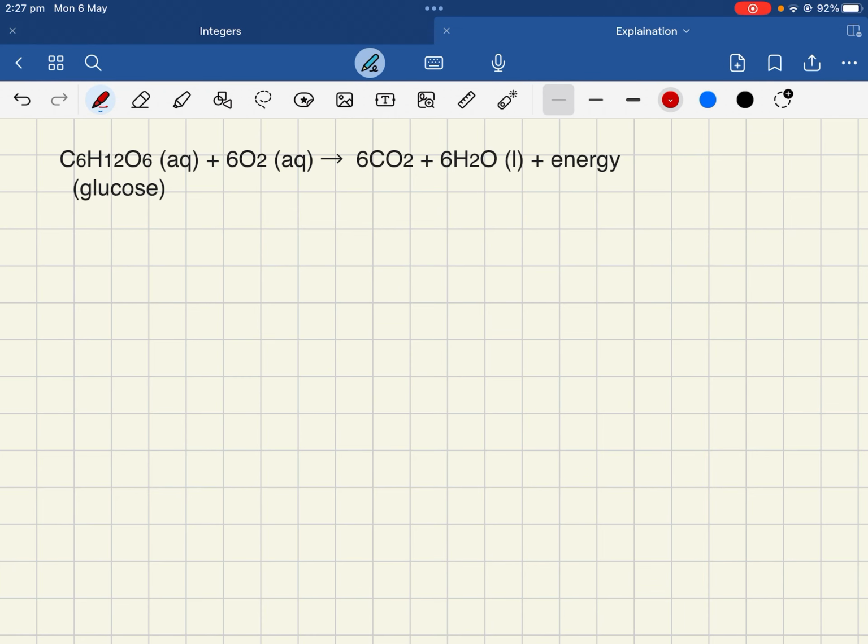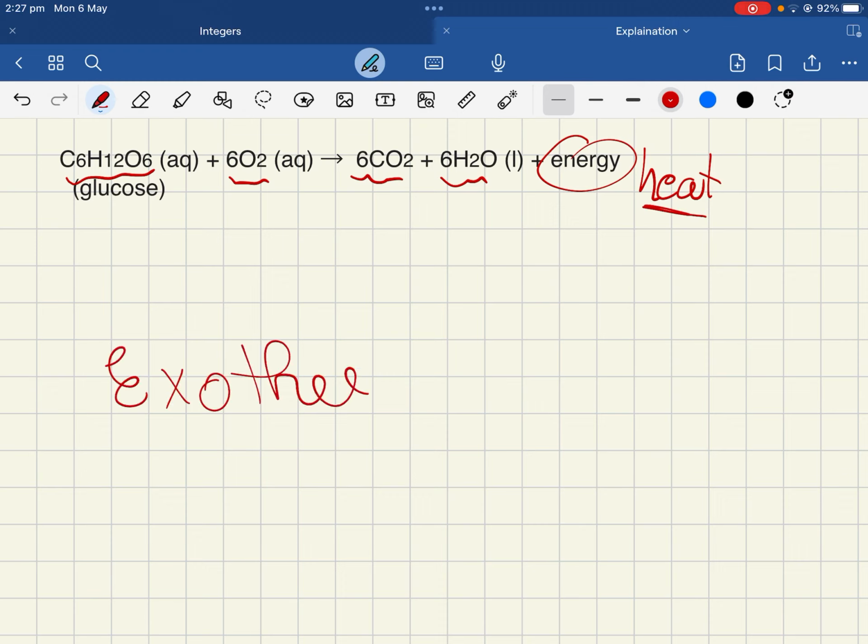For example, we have an equation here: glucose, that is C6H12O6, plus oxygen reacting to become carbon dioxide and water, plus energy, that is in the form of heat.